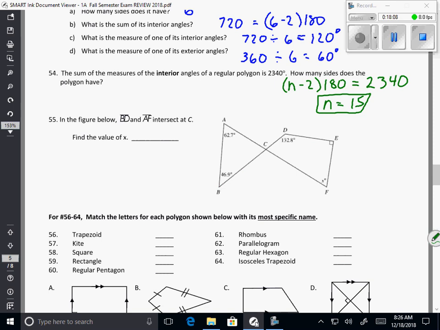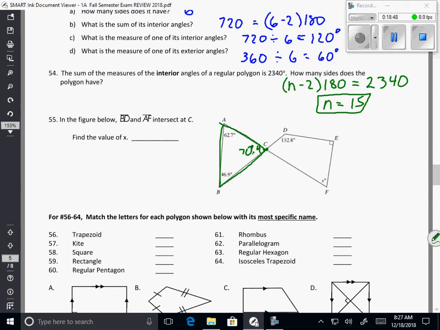55. BD and AF intersect at C. Great. So what we can do here is start by finding the measure of that angle: 62.7 plus 46.9, and subtract that from 180 means this has to be 70.4 to give me that 180 degree total inside this triangle.